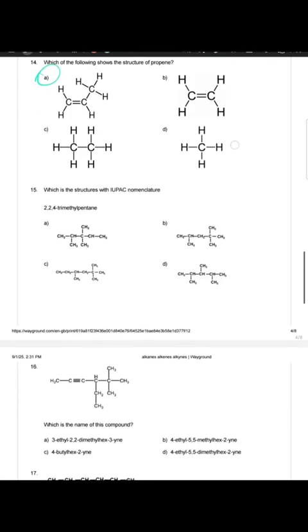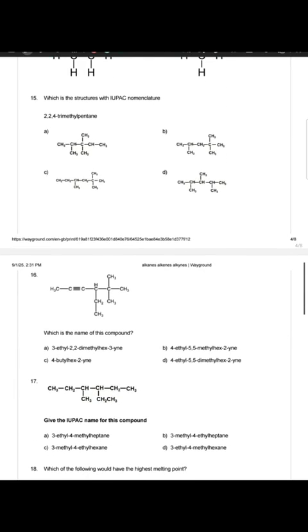Which is a structure? Let's see number 15. Which is a structure with IUPAC nomenclature 2,2,4 trimethylpentane? So pentane means that it has 5 carbon. This is single bond. Trimethyl means it has CH3, 3 of it.